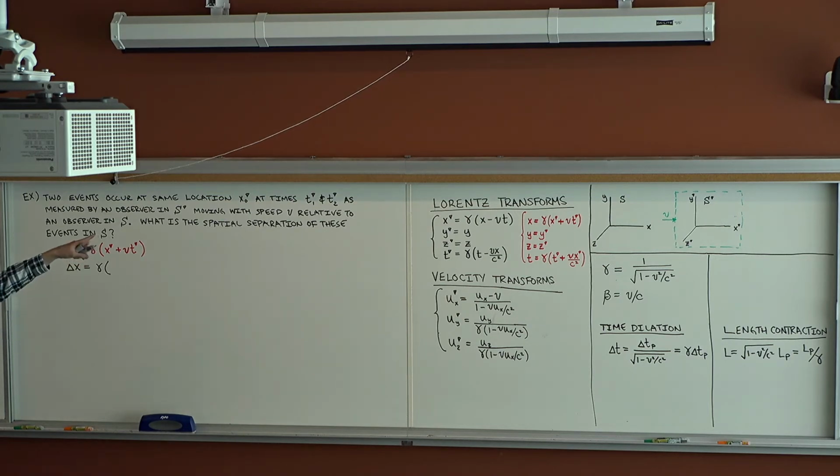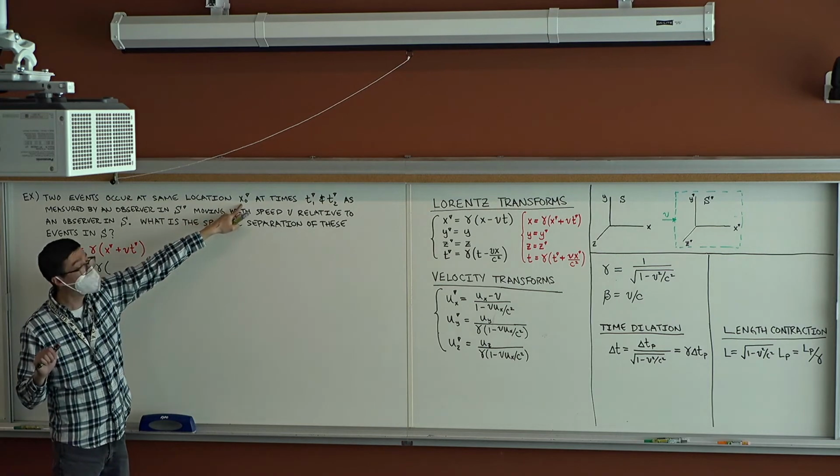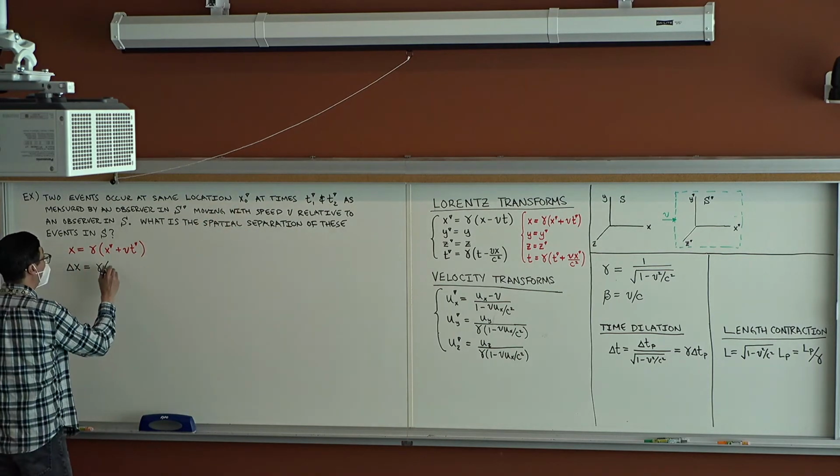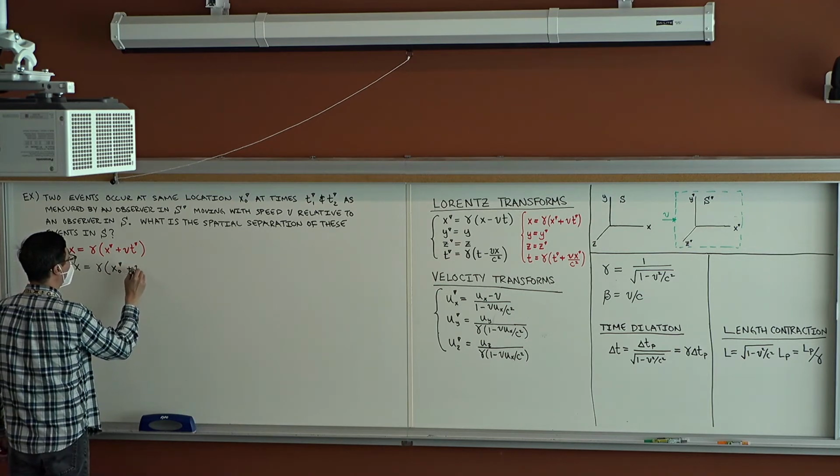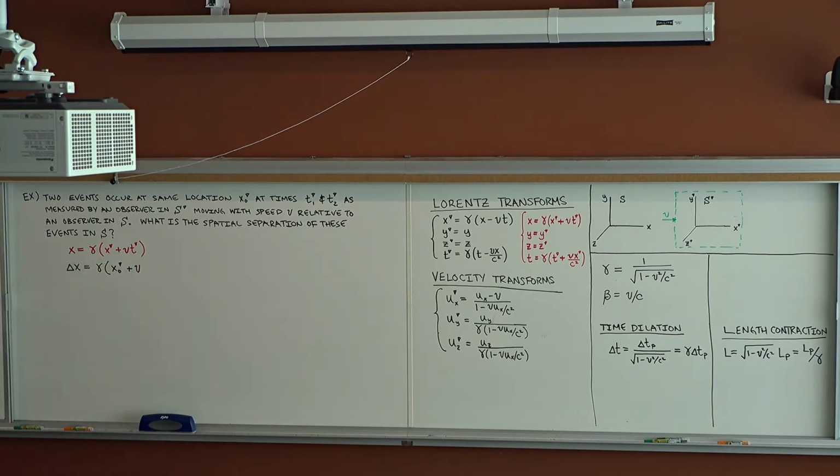Where did event 2 happen according to the primed observer? It happened at x0 prime. And when did event 2 happen in the primed frame?